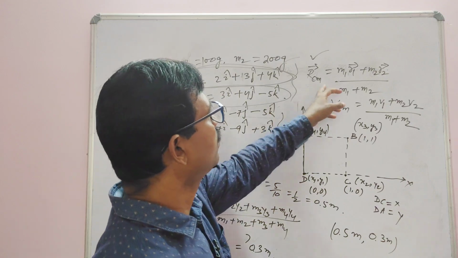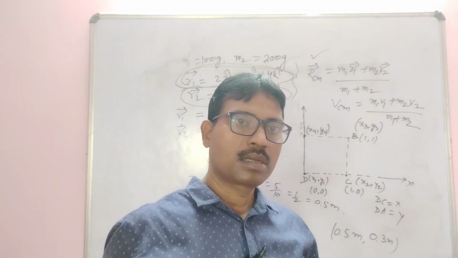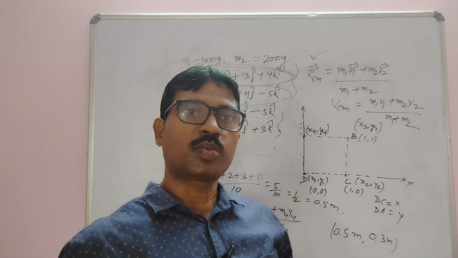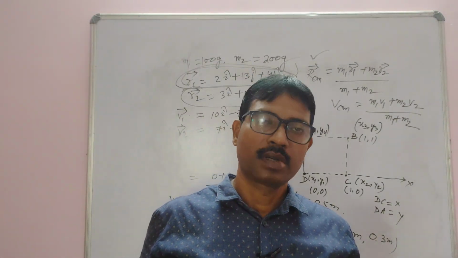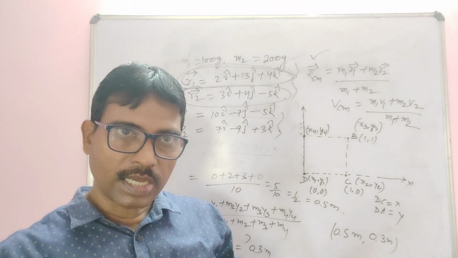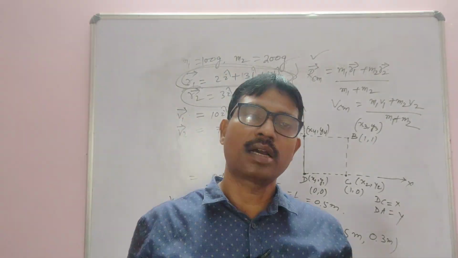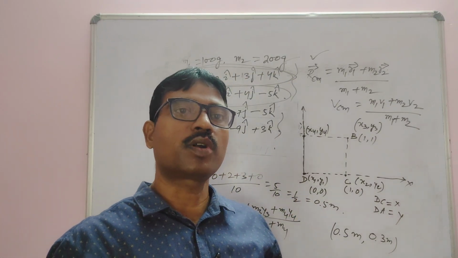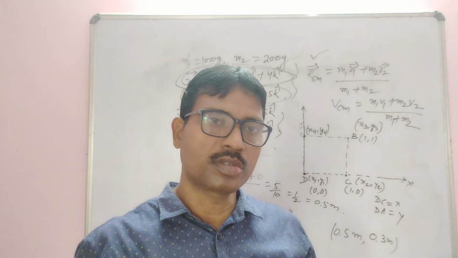Whenever necessary, in the cross product, I cap cross J cap you will get K cap, J cap cross K cap you will get I cap. In this way, whenever necessary, use the dot product and cross product rules.